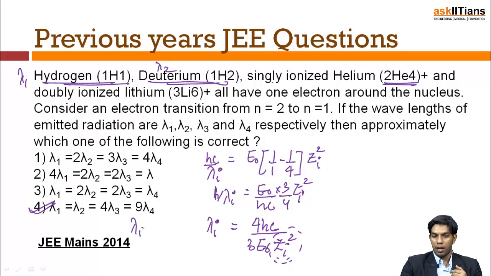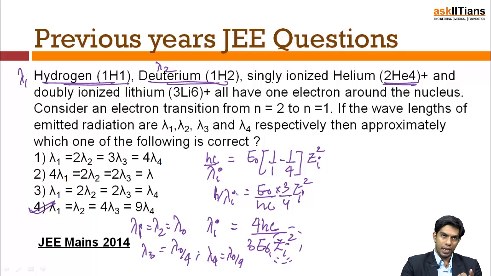So if lambda 1 equals lambda 2 equals lambda naught, then lambda 3 is equal to lambda naught by 4. And subsequently, lambda 4 will be lambda naught by 9. Reason being, lithium has an atomic number of 3, so 3 square is 9, so 9 goes in the denominator. Hence, this is the correct answer.